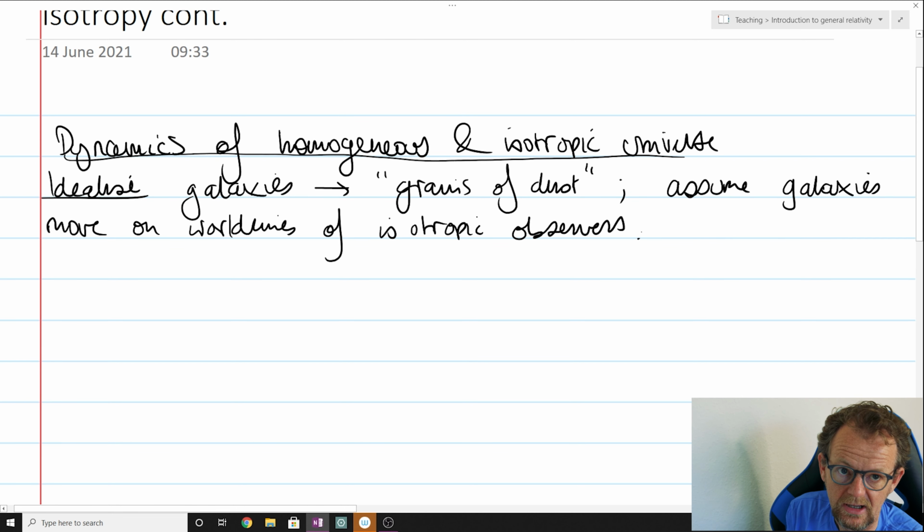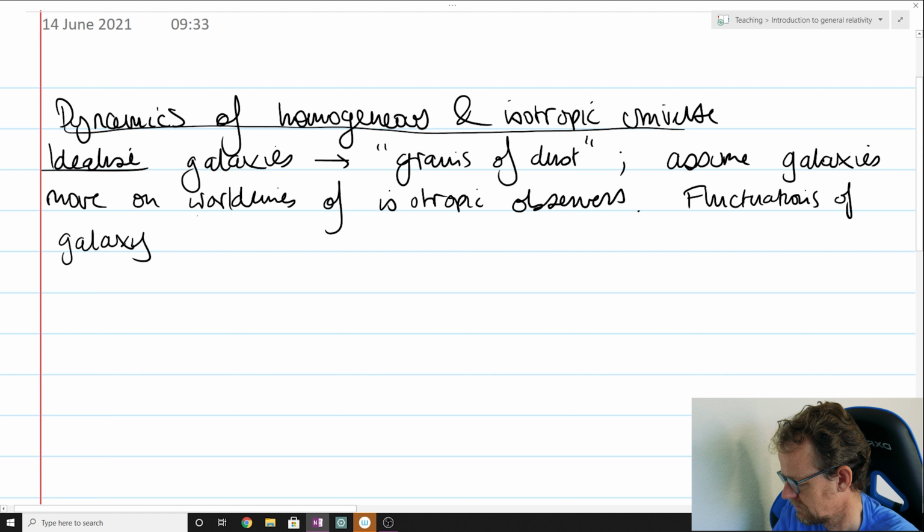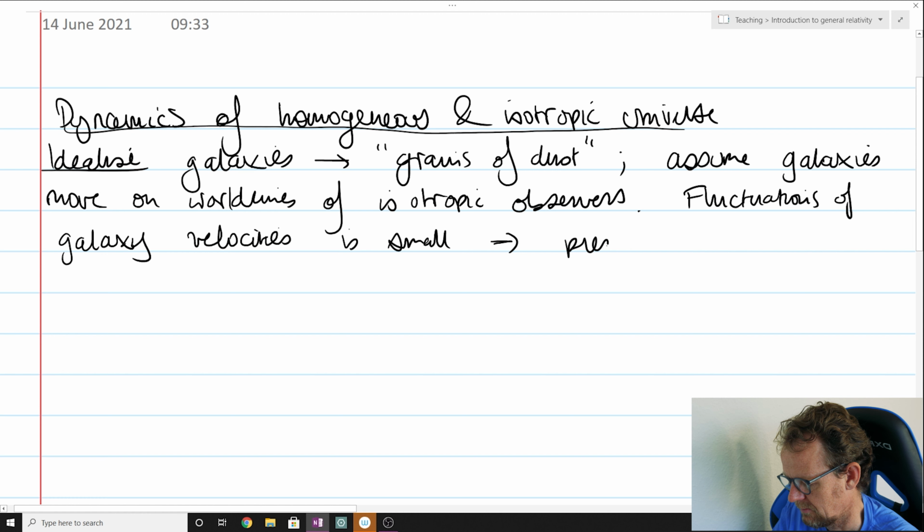Now, these galaxies will have some fluctuations in their velocities. You know, the universe isn't completely isotropic and homogeneous, but in order to model the stress energy distribution of the universe, we're going to assume in this highly simplified idealized model that the fluctuations of these galaxy velocities are very small, much smaller than any other quantity, in particular the speed of light.